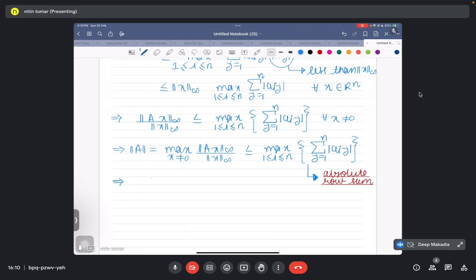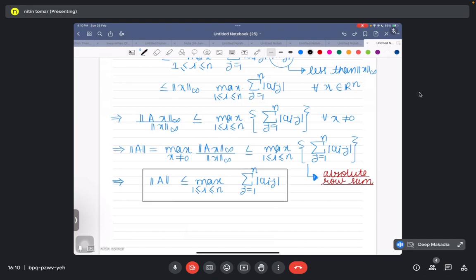So this gives you that norm A is less than or equal to the maximum over i going from 1 to n. So is it fine up until now?